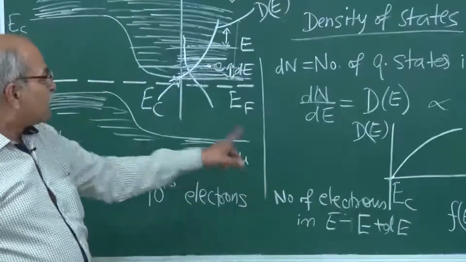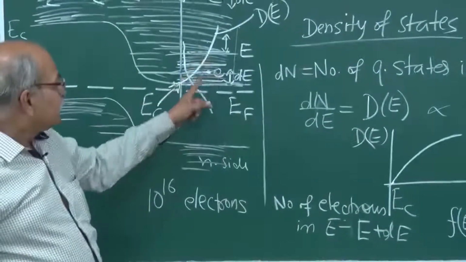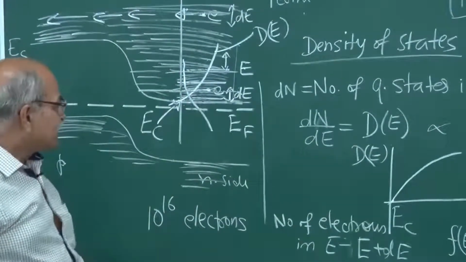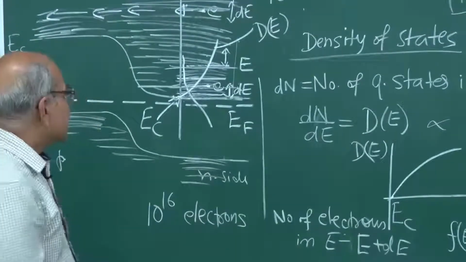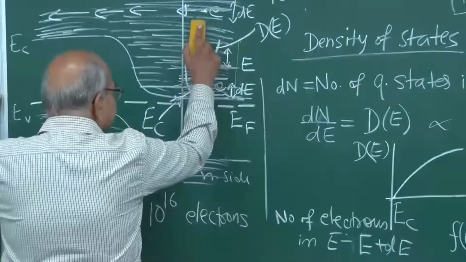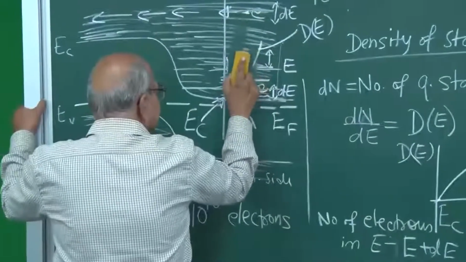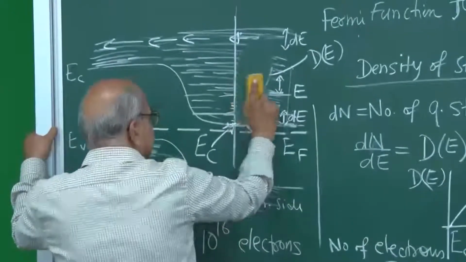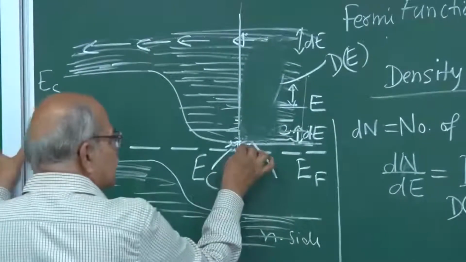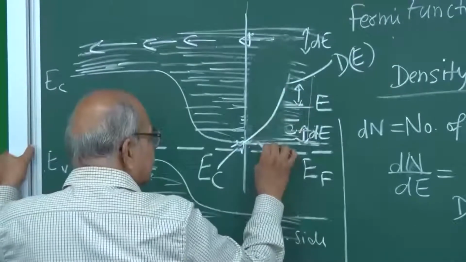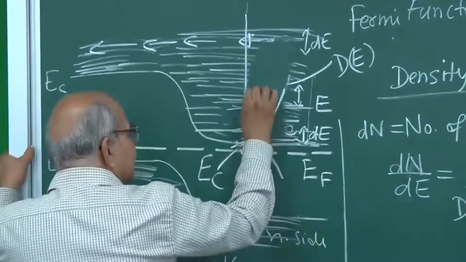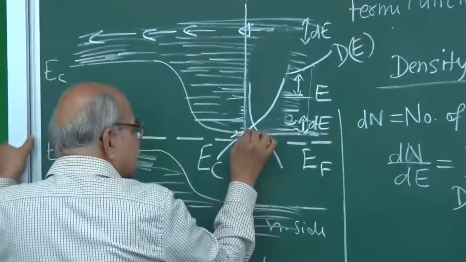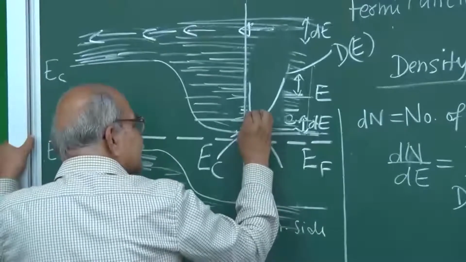So if you do that, one is increasing, another is decreasing as you go up. If you multiply them, what you will find is the following. Let me make some space here to do that. So one function is going like this, another function is going like this, and when you multiply them, what you get is some kind of a function which maximizes and then decreases, of this type.